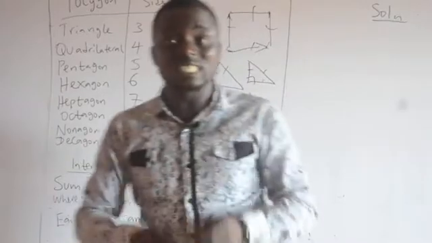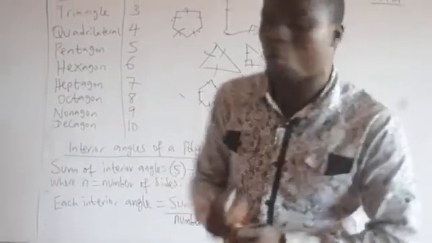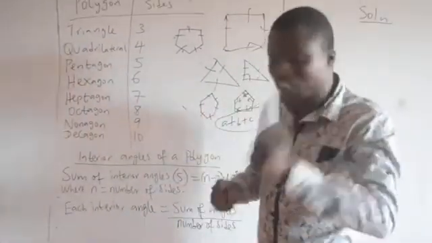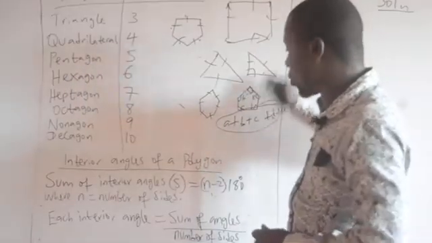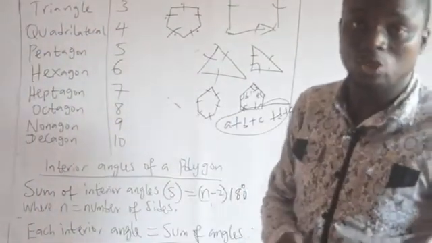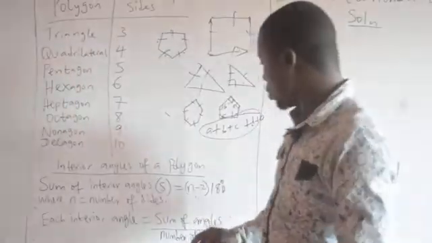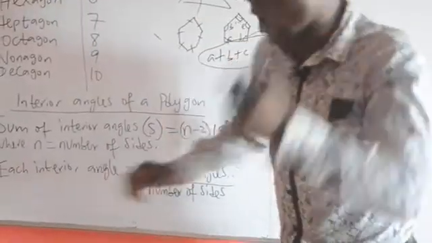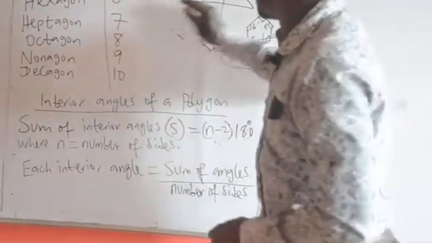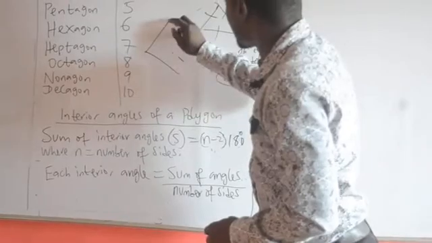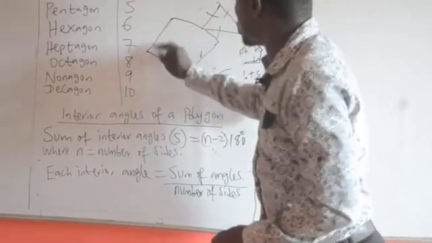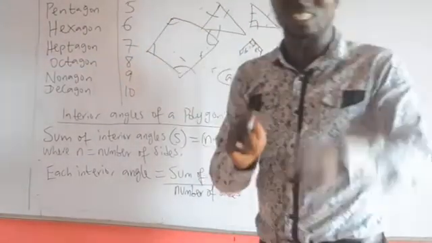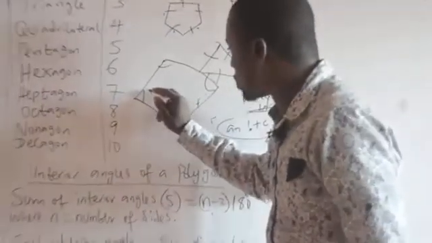Then if you want to determine the value of each angle, to know the size of each angle of this polygon, the formula that is to be used to find the size of each interior angle is this. To know the size of each interior angle, that is one of the angles, let's use theta.